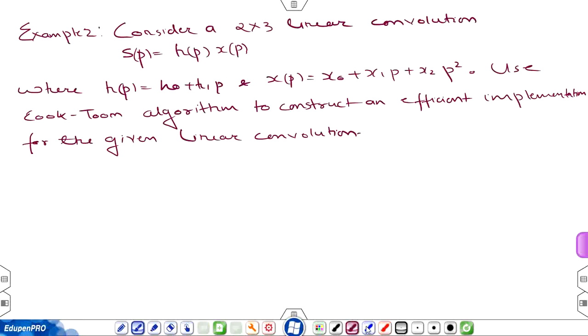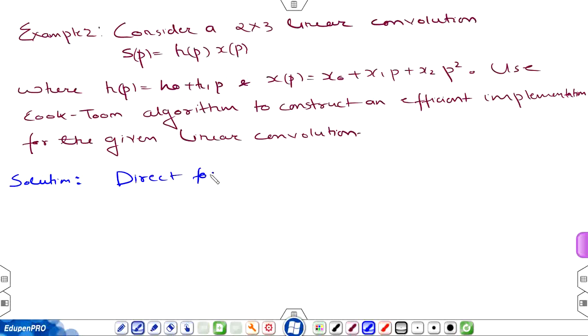Starting with the direct linear form, just to make a comparison, first I will implement it using direct form, then I will use Cook-Toom algorithm to implement it.